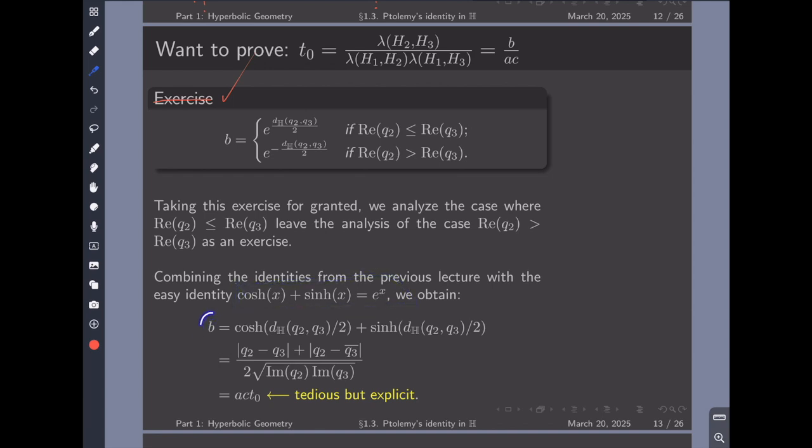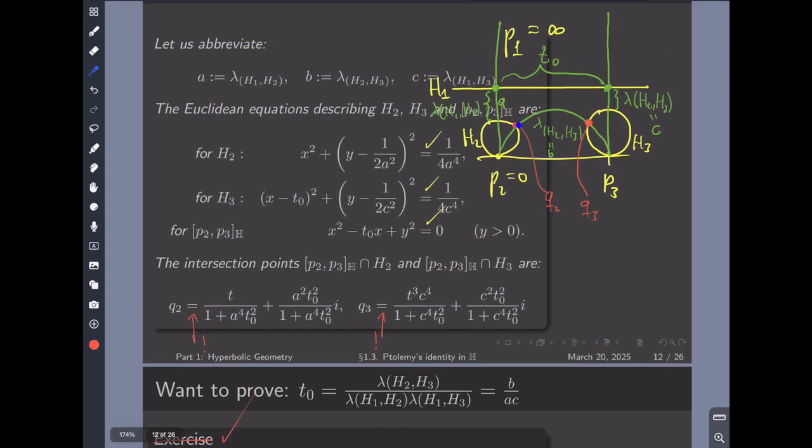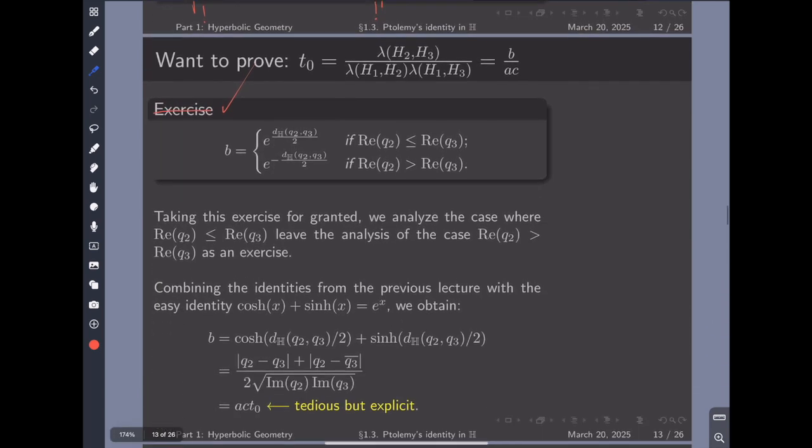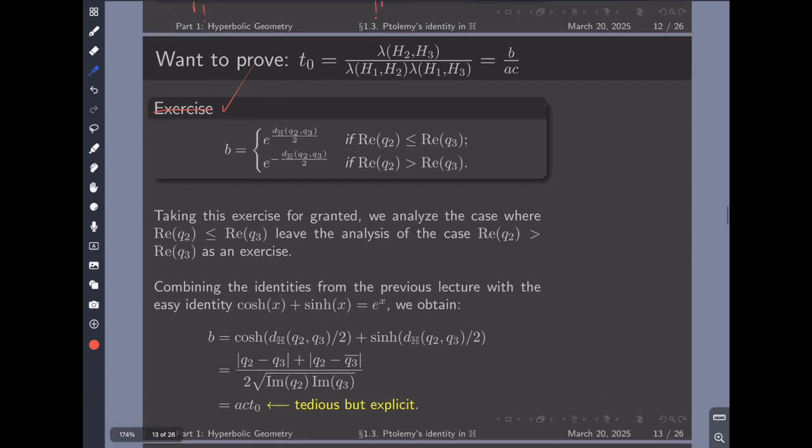Okay, and now B, which is this lambda length, is equal to. Let me think. Yes. So you see, I'm assuming that B is equal to this.